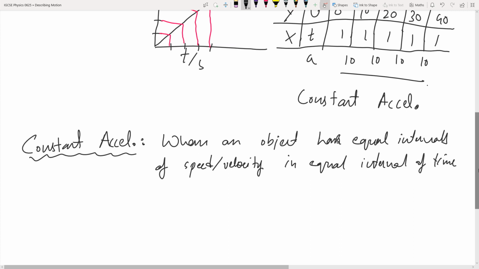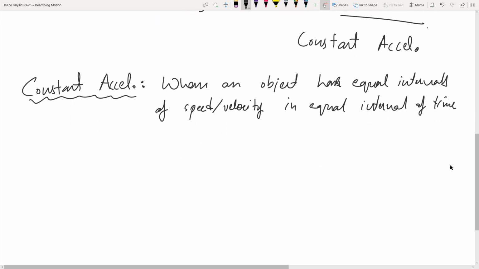It's similar to speed, except in speed we had distance, now we're talking about velocity.